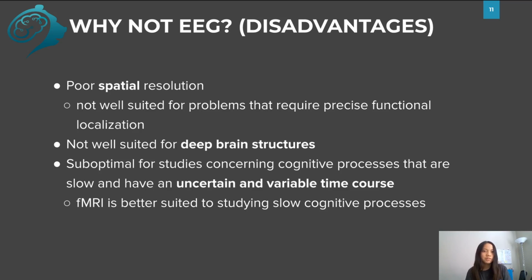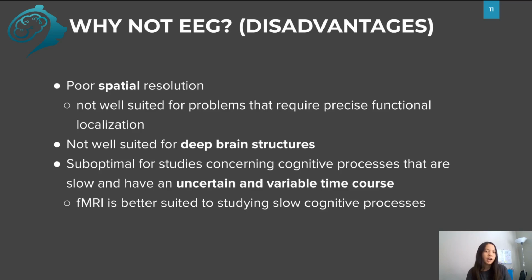Although activity from deep brain structures can be measured with EEG in some cases, which we won't really have time to cover, EEG may also be a suboptimal brain imaging technique for questions concerning cognitive processes that are slow and that have an uncertain and variable time course. So that sort of defeats the purpose of using EEG because we mostly want EEG for its high temporal resolution.